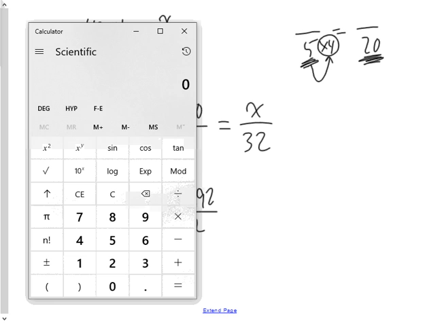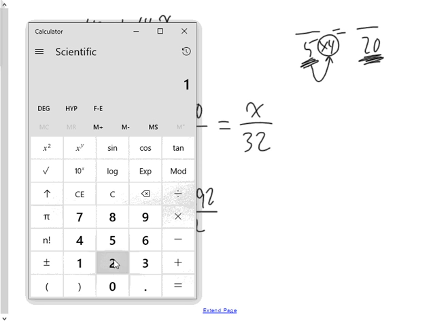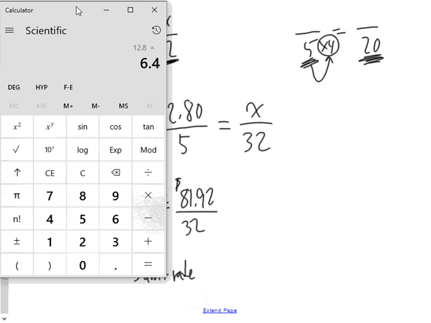So if I take my 32 and divide it by 5, it tells me 6.4. So therefore, I multiplied 5 by 6.4, and if I multiply $12.80 by 6.4, $12.80 multiplied by 6.4, it should say the same answer of 81.92, and it does.